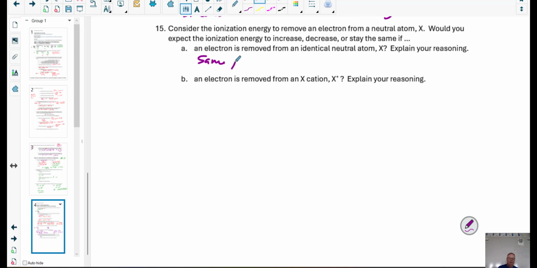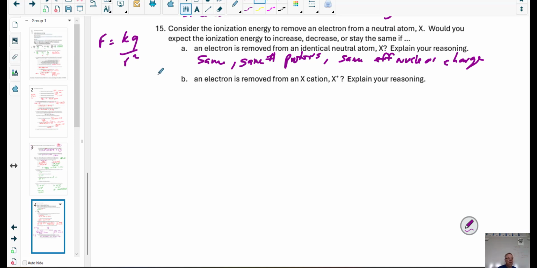We have the same number of protons, so therefore we have the same number of electrons, so same shielding, same number of rings, same effective nuclear charge. You're going to hear that term a lot, effective nuclear charge. We use that to explain a lot in this section. So Coulomb's law is a very important concept in a lot of AP chemistry, and we use it to explain a lot of different things.